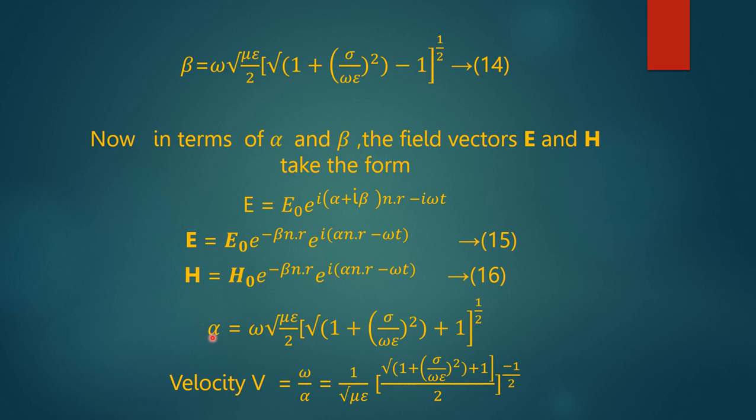We have the value for alpha is equal to omega into root over mu epsilon by 2, root of 1 plus sigma by omega epsilon the square plus 1, the root.